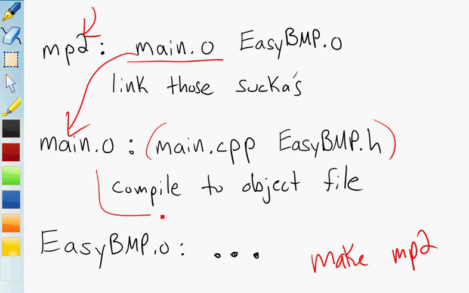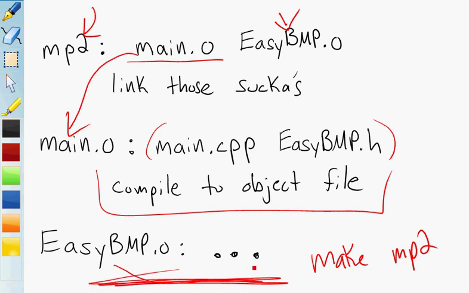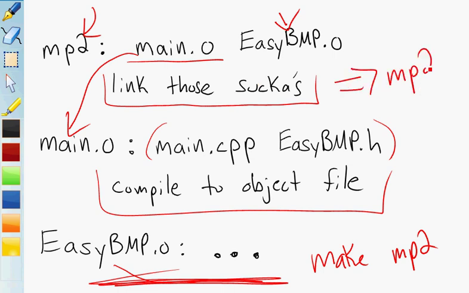Assuming we do, we compile them, and then we go back, check for EasyBMP.o, and assuming we go down here and run whatever command would be down here. Finally, we can go back, link the programs, and get back our MP2 executable. Very similar to how we did making the cakes.